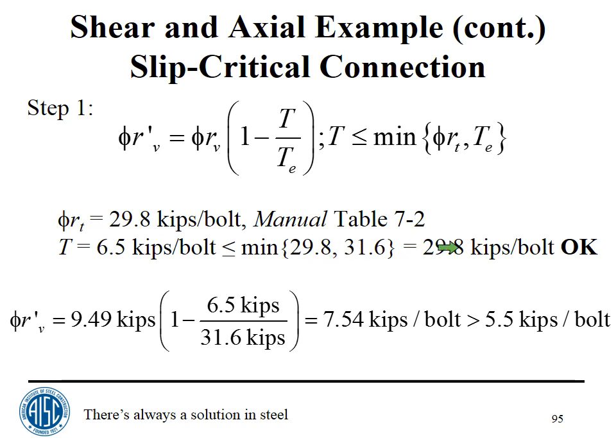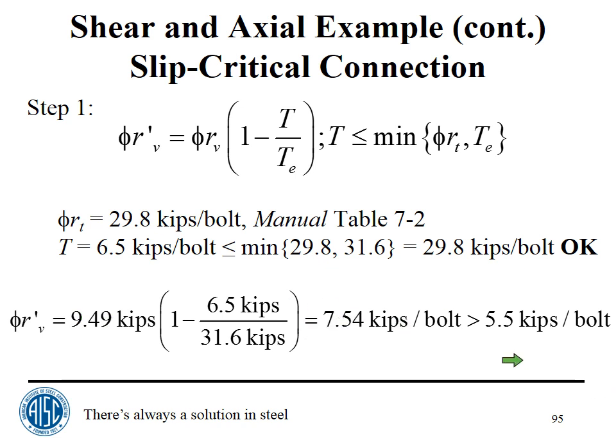And the minimum is 29.8, so we're okay on that. Then we have to calculate T over T sub E, 6.5 over 31.6, subtract that from 1, multiply it by 9.49, which is the shear strength per bolt without considering any tension. Gives me 7.54 kips per bolt.